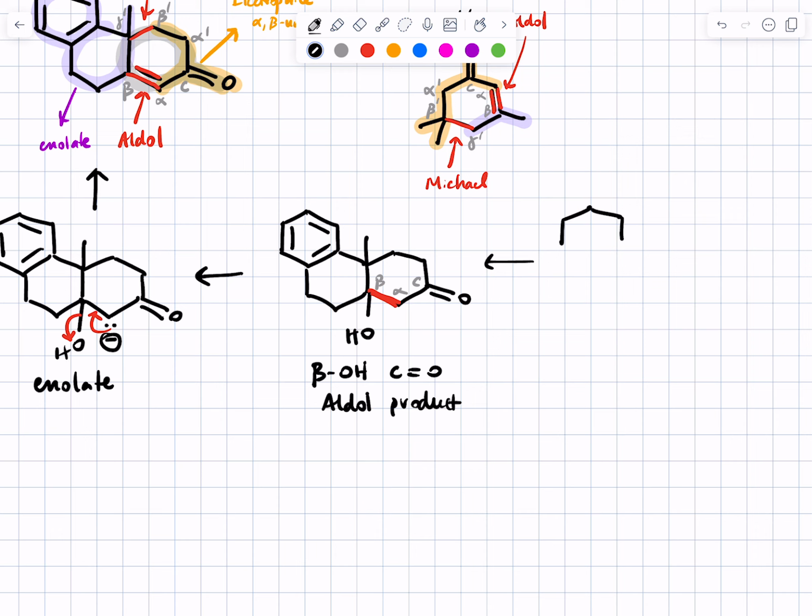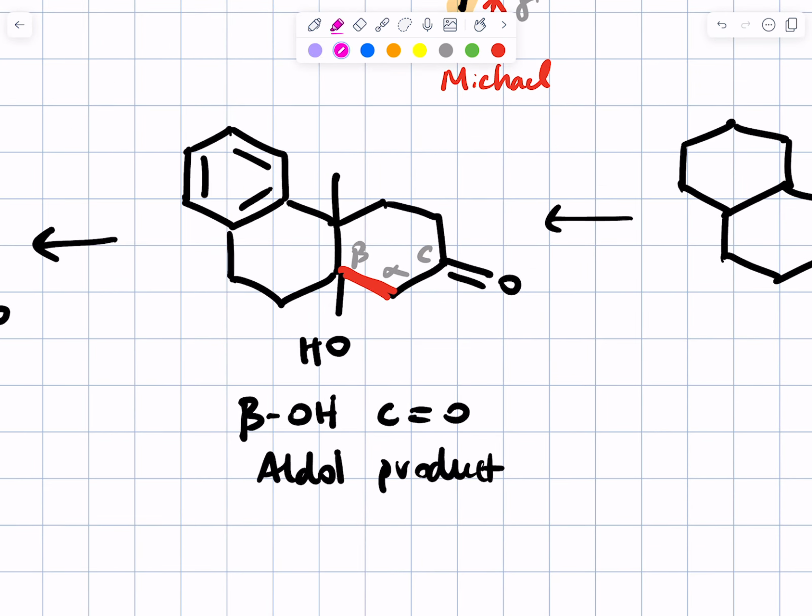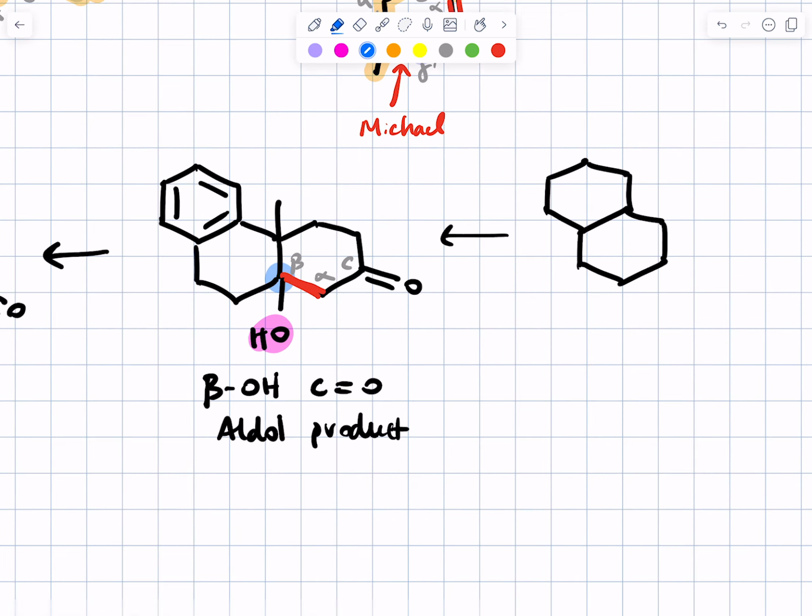On what becomes the beta carbon, we need what functional group? It has to be a ketone. How do you know it's the ketone? Because you've got the oxygen here, and this beta carbon used to be the carbonyl carbon. So on that carbon, we're going to have a ketone.